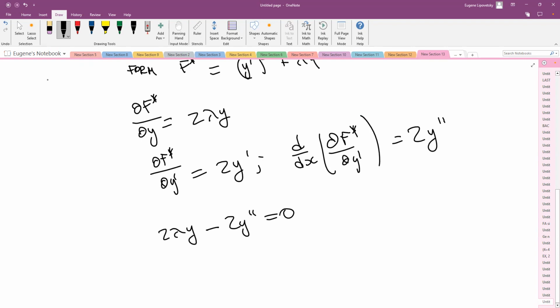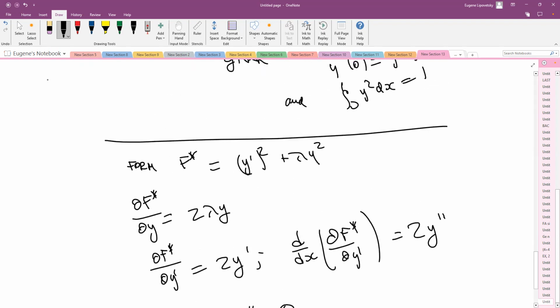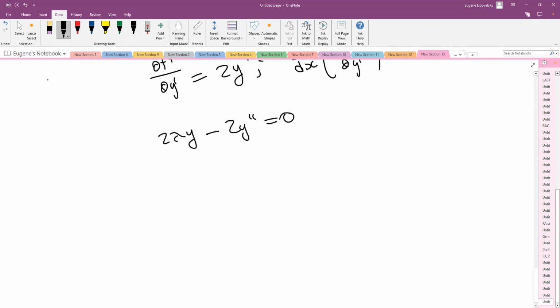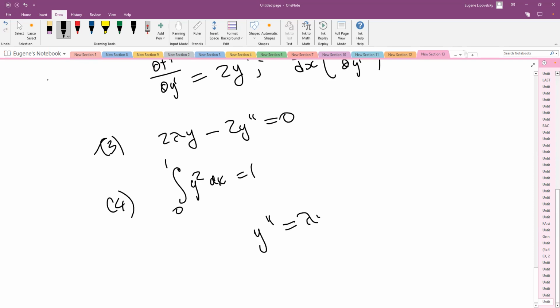And in addition to that, we have that the integral of y squared dx equals 1. Let's call this one 3, and this is 4. Let's try to solve it. y double prime equals lambda y.